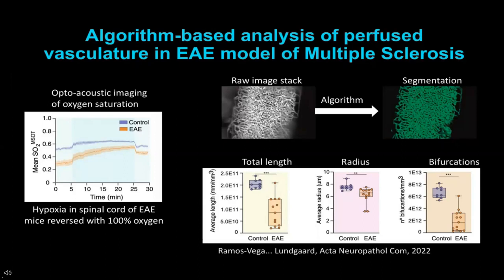So we wanted to analyze the perfused vasculature. So we used an intravascular dye that would only label the vasculature of the perfused blood vessels.